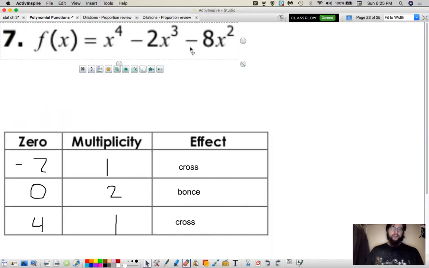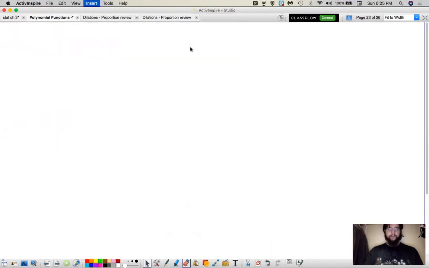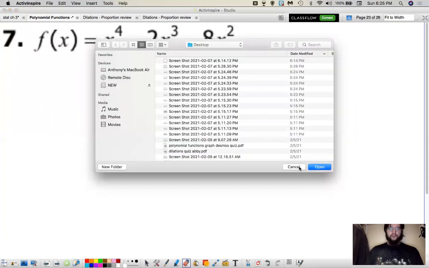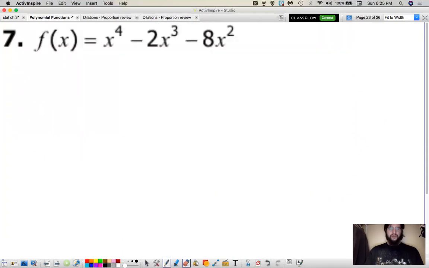Now, if the thinking's a little hard for you, just use synthetic division. We saw that 0 was the one giving us trouble.